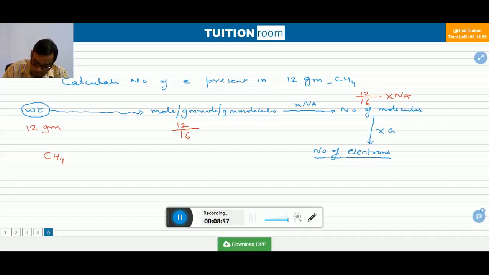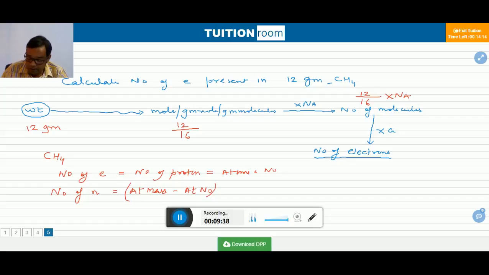Therefore, number of electrons is equal to number of protons, which is equal to atomic number. And number of neutrons is equal to atomic mass minus atomic number. It is simple.